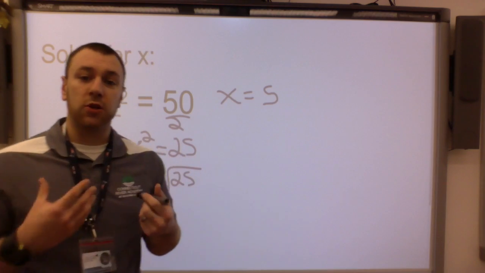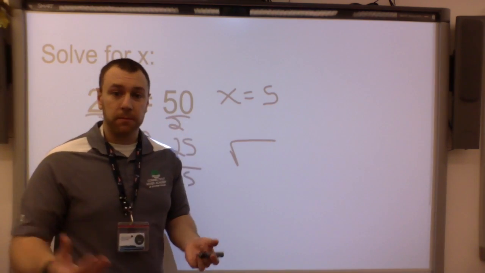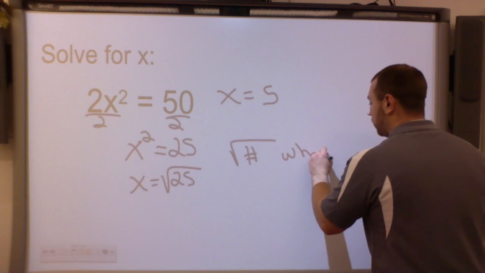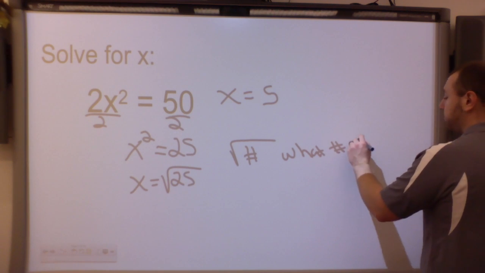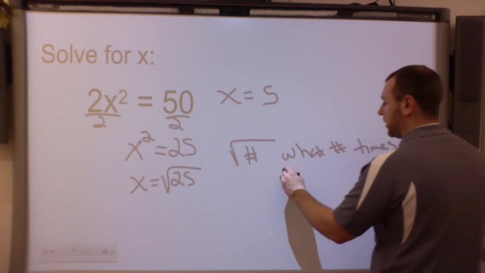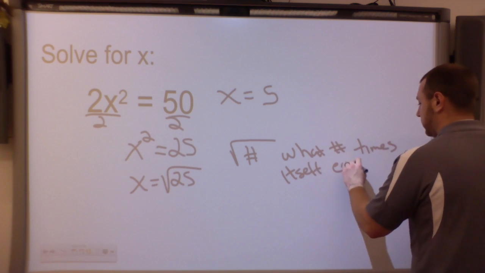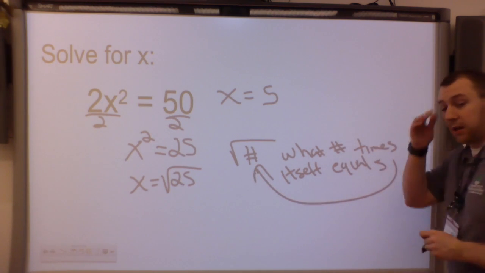Now the trick with a square root of any number is asking: what number times itself equals this?